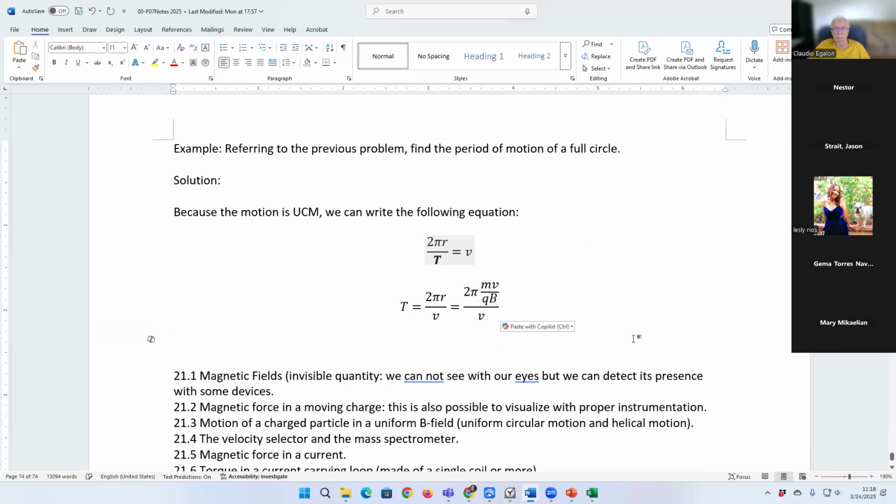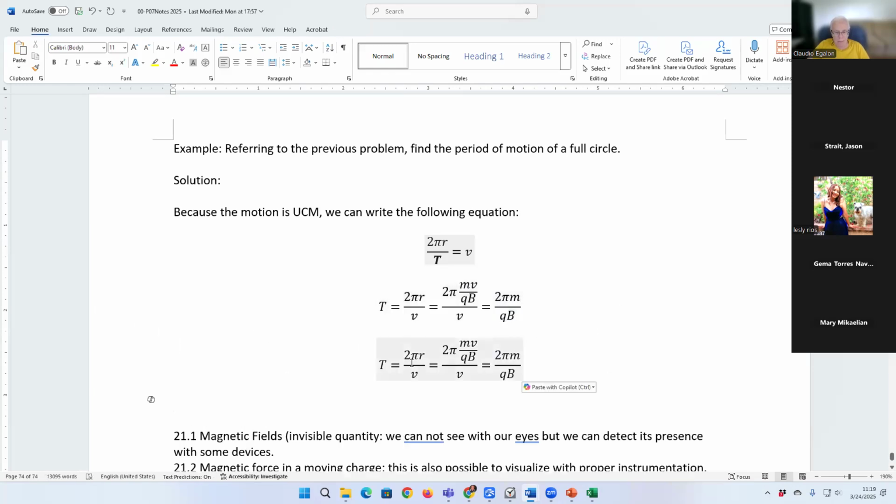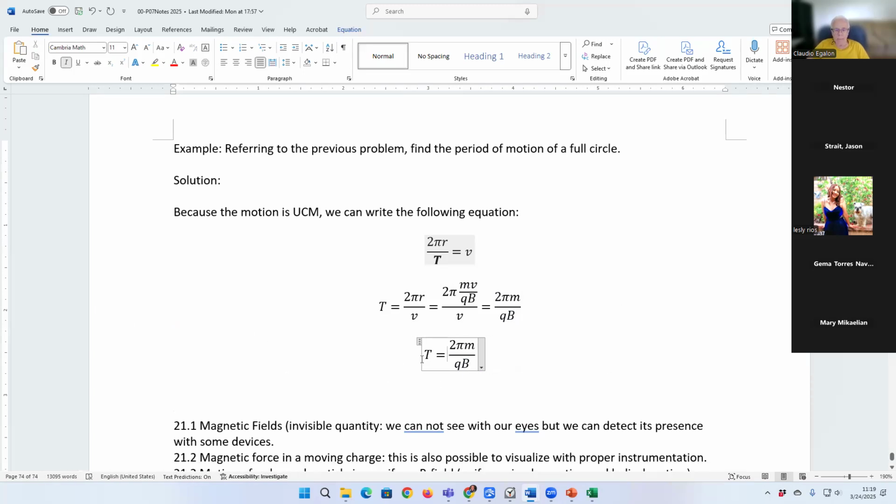Here you go. Right? V cancels out with V. Q B can go downstairs. And that is going to be the period of a single rotation. Like that.